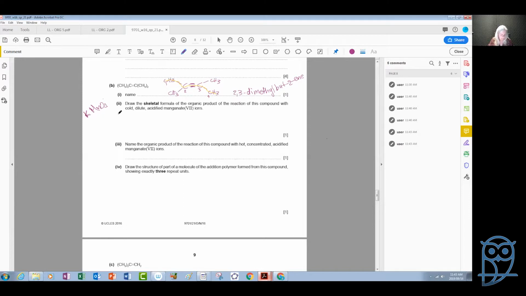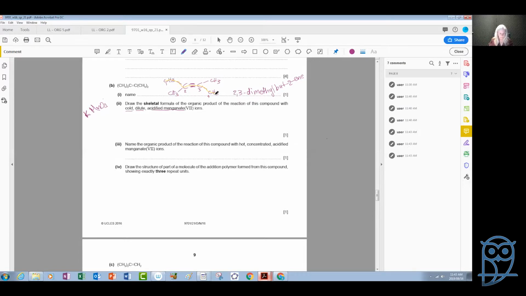And what does it say now? With cold dilute acidified manganate. That's important, cold and dilute, because if it was hot and concentrated, the products would be different. And in fact, this problem is actually part of the oxidation of the alkenes, the reaction of the oxidation of the alkenes, which is on page 210 in your textbook.